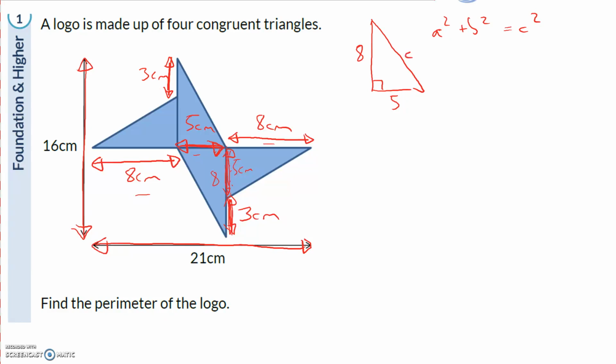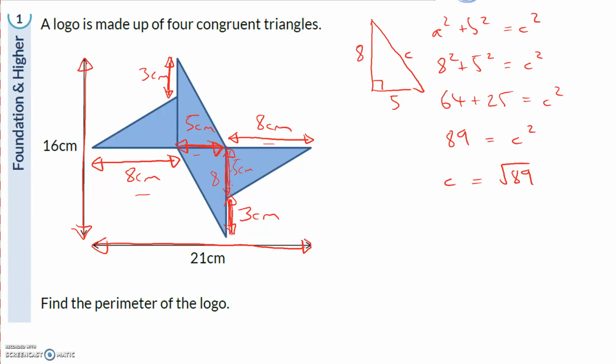And here, this is c. So we want to do 8 squared plus 5 squared, and that's going to tell us our c squared. So we've got 64 plus 25 equals c squared. So I make that 89 is equal to c squared, and square root both sides. c must be root 89.